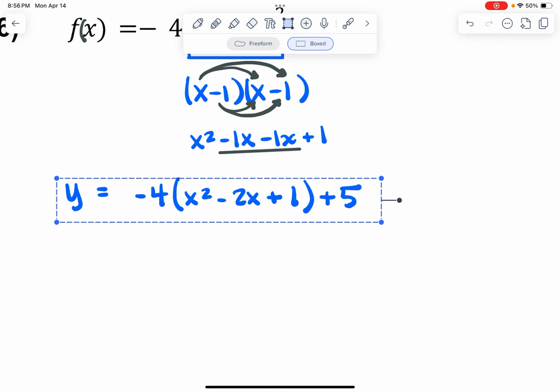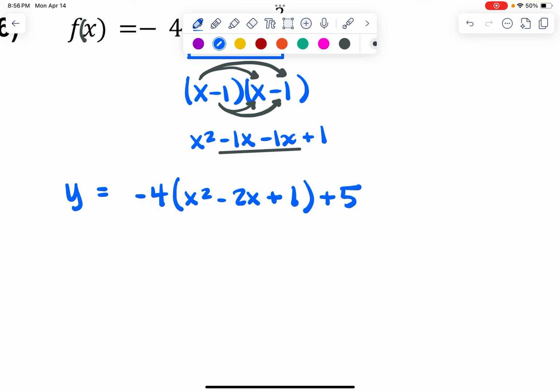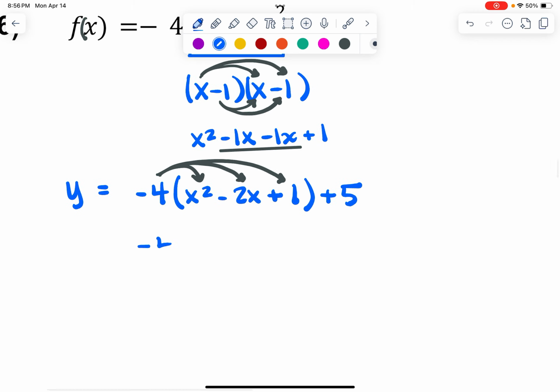There we go. Now we need to distribute the negative 4 because we have another set of parentheses that needs to go away. So we need to distribute the negative 4, which is going to give us negative 4x squared, then plus 8x minus 4.